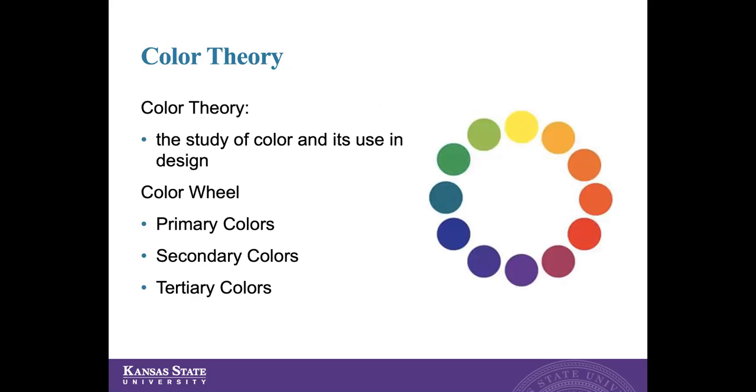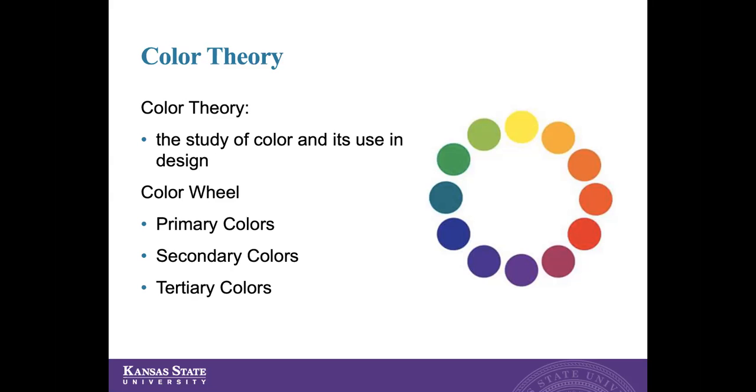All right, color theory. Color is important in web design and really any kind of design, so I'm going to go over some basic principles, terminology and technique. If we think about our color wheel, we have our primary colors, like yellow, red and blue.